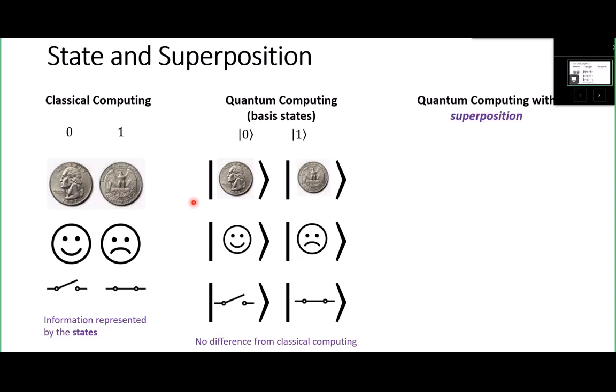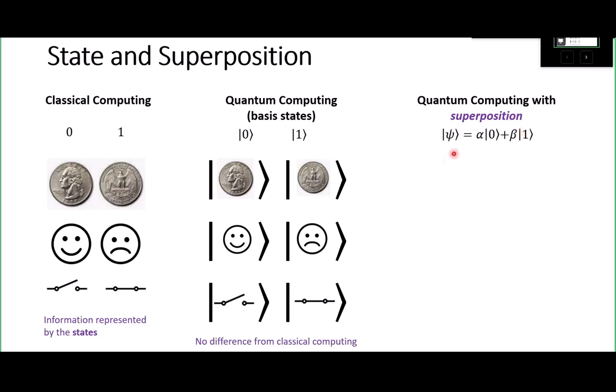So what is so special about a quantum computer? It is that it has some states that can be in a superposition of the basis states. For example, I have a state called psi, right? Again, I put it in a bracket, just a notation. You just accept it. It is a linear combination of two basis states, 0 and 1.